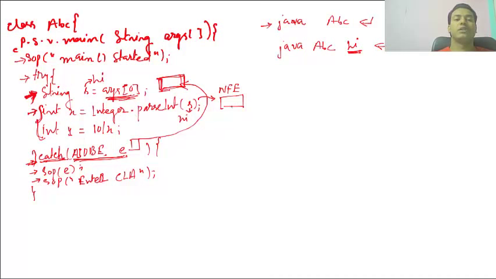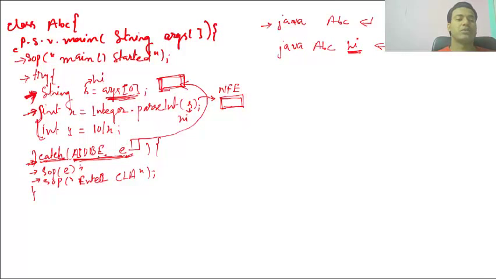Now again, when the exception is raised in the try block in this statement, the JVM checks whether the corresponding catch block is available or not. Here we have a catch block, but this catch block can hold only an object of type ArrayIndexOutOfBoundsException. But here we are getting an object of type NumberFormatException, which is not the same type as this reference variable type.